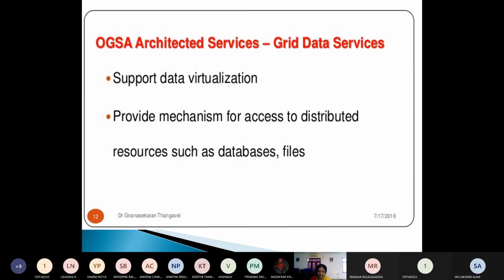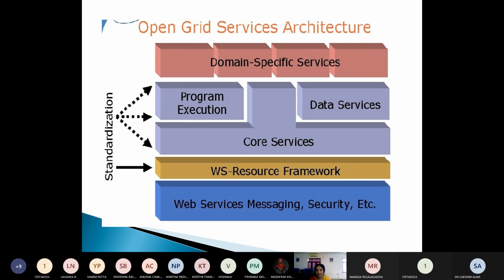In this we have a small diagram. In the open grid service architecture diagram, we have the domain specific service, program execution, data service, core service, and web service resource framework, web service messaging, security, etc. On the right side we have the data service, and on the left side the program execution.